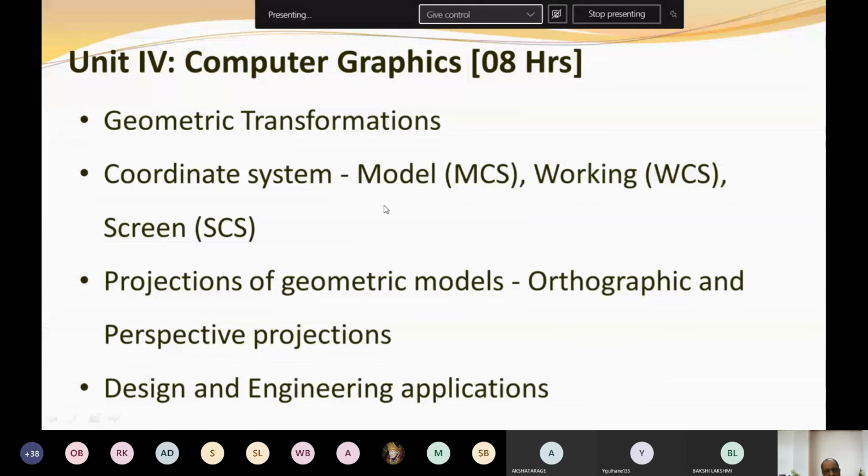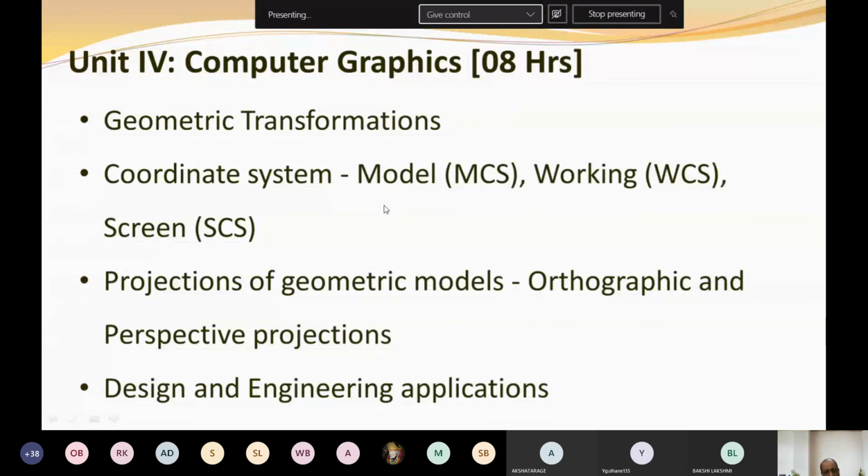Even if we say 3D modeling, with the help of a computer you can work in a 2D environment only. Even if you are creating a 3D model, the definition will be in terms of 3D, but you have to always work in a 2D environment.